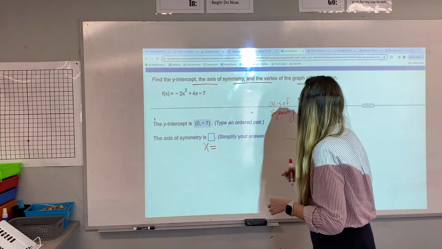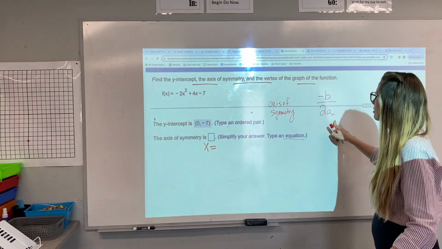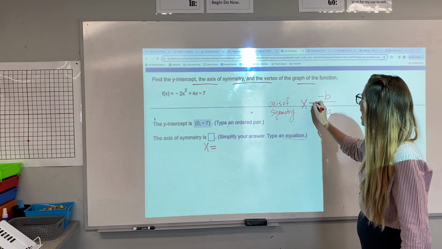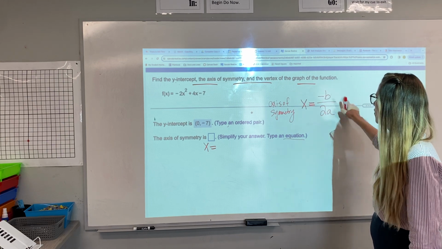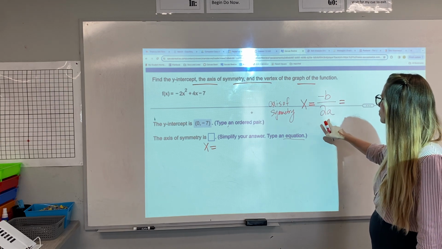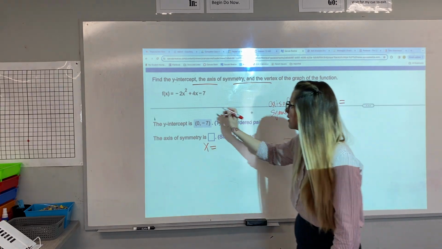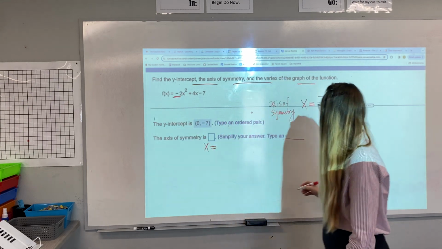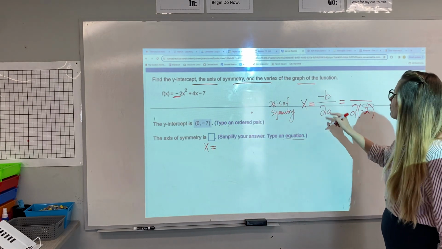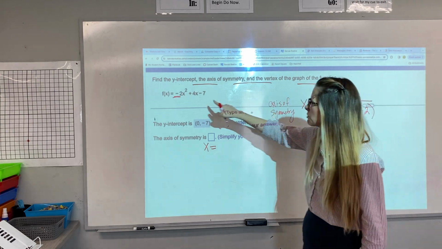So the axis of symmetry formula gives you x equals this when you plug in your values. For A, it's -2. So on the bottom, I have 2 times -2. For B, it's +4.